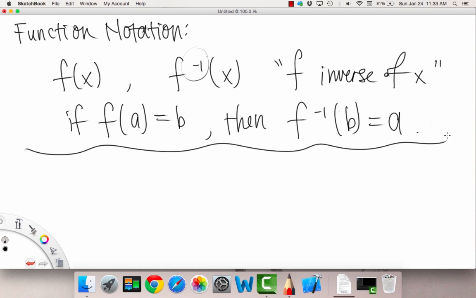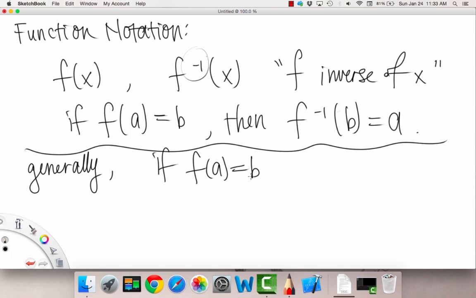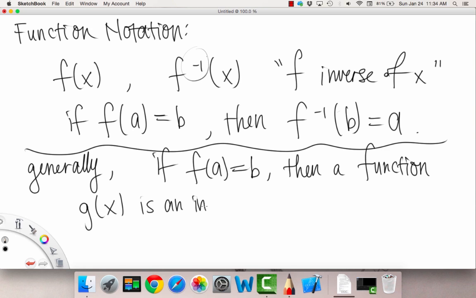In general, if f of a is equal to b, then a function, and this means any function, it doesn't matter the name, it doesn't have to have the -1 notation, let's just say it's called g of x, is an inverse of f if g of b is equal to a.